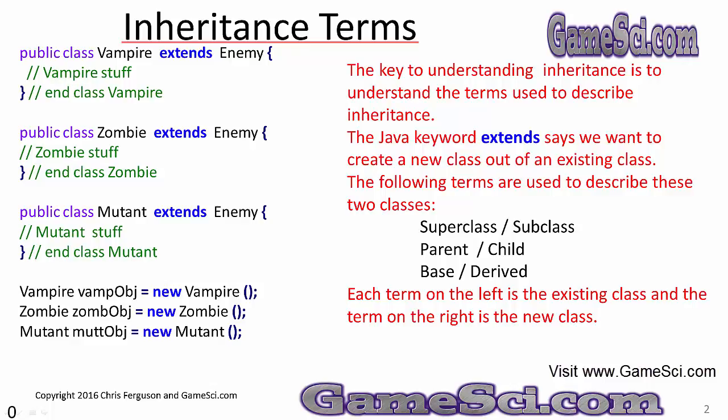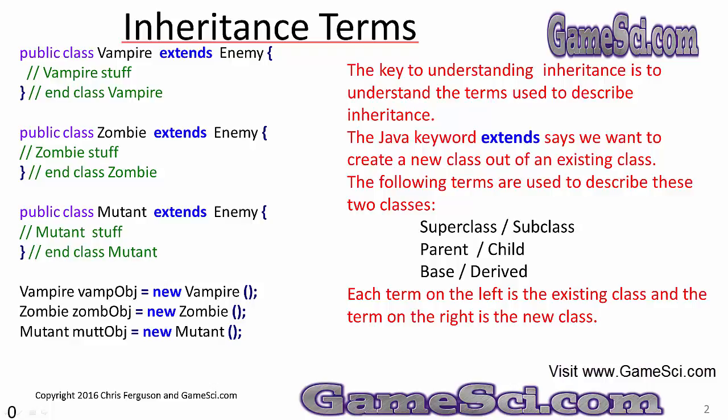In Java, the keyword extends says we want to create a new class out of an existing class. The following terms are used to describe these two classes: superclass and subclass. Superclass is the existing class and subclass is the new class. Parent class and child class.